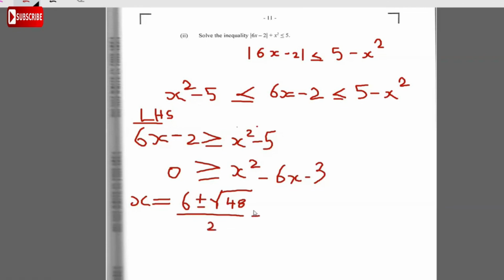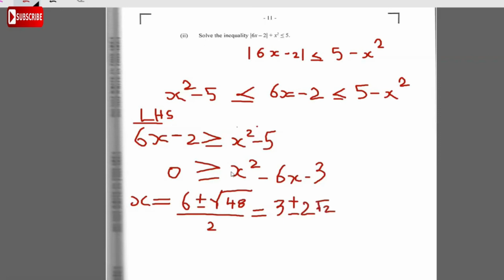So x would be the square root of 48. 48 can be broken up as 16 times 3, the root of 16 is 4, and then 4 over 2 is 2. So it's 3 plus or minus 2 root 2.